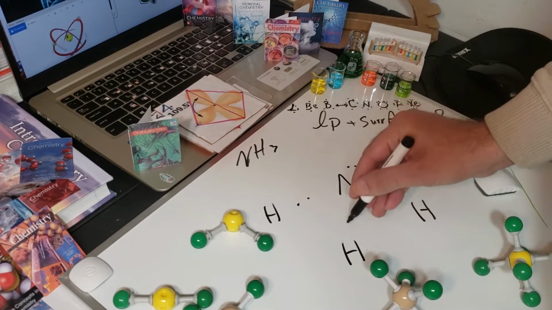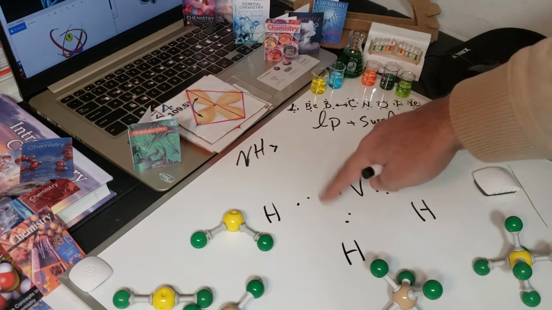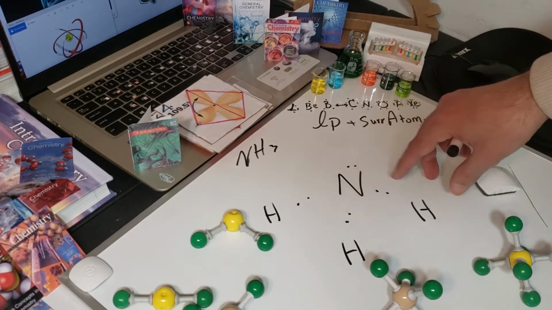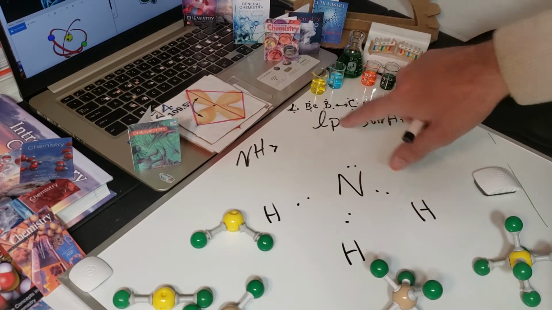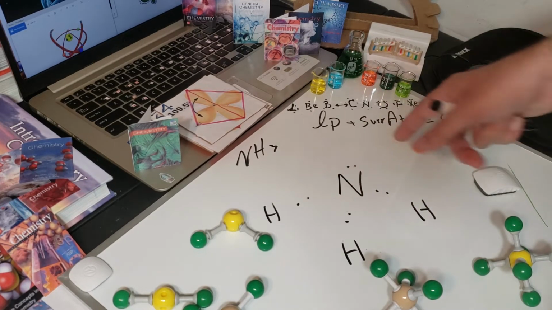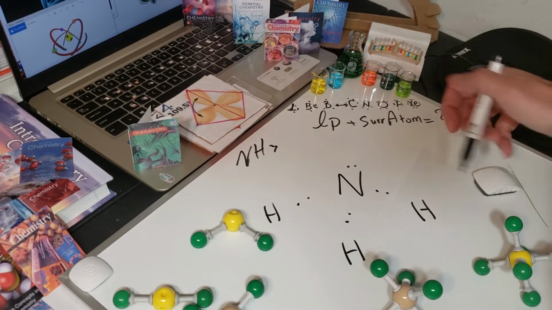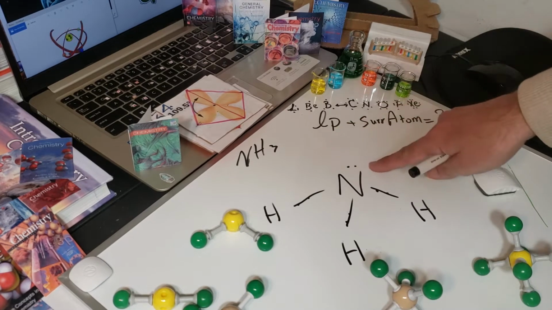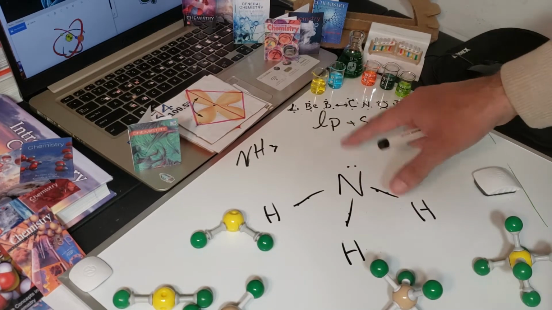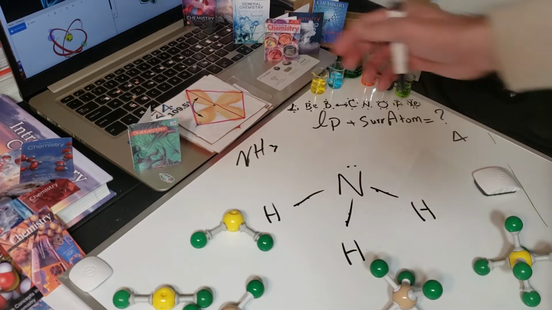That makes 3 covalent bonds. If I do so, you could see hydrogens are going to be satisfied one by one. And as I do the third hydrogen, the nitrogen is also going to feel exactly 8 electrons around its valence shell. So it's satisfied through the octet rule. Okay, so I can then say, there are 3 bonds, and the lone pair is just 1 around my central atom, and the surrounding atoms are the 3 hydrogens, so it's 4 again.